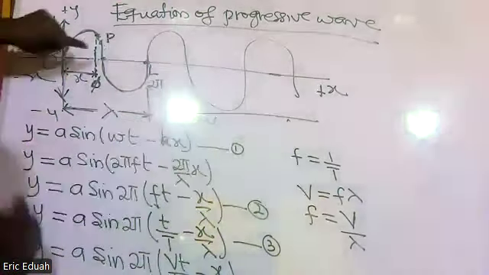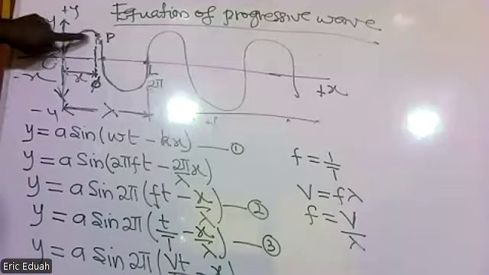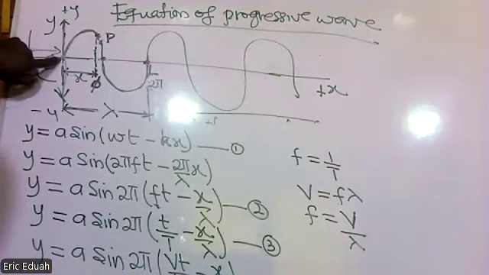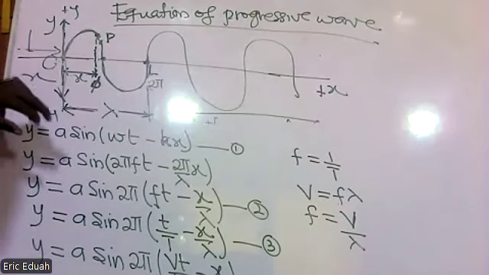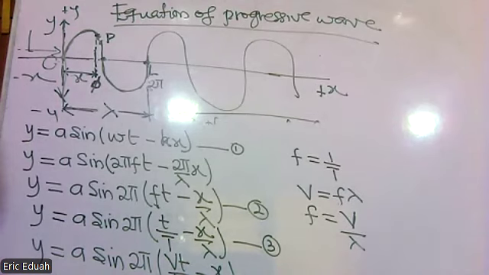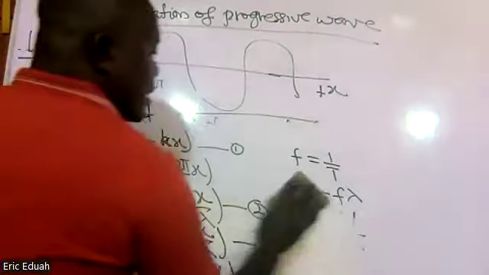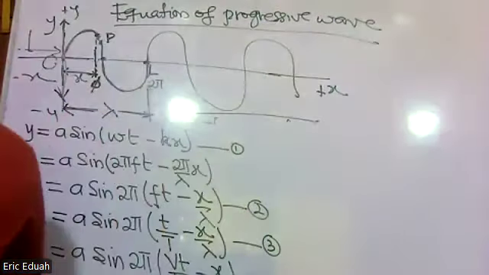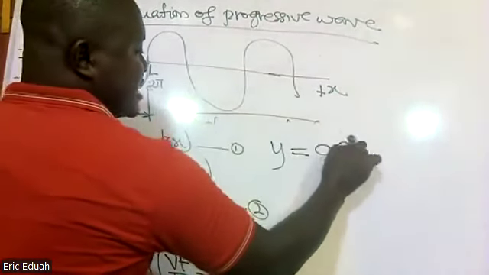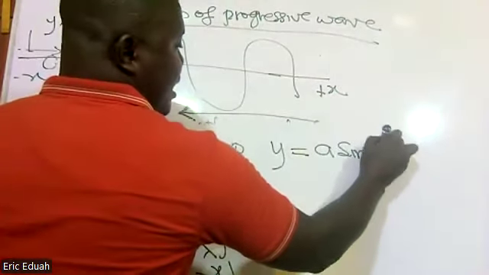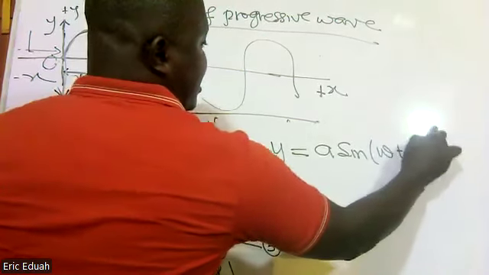If it's from right to left, particle P this time vibrates before a particle at the origin O. So when you are writing the equation for particle P, because the particle P vibrates before a particle at the origin O, the equation becomes y is equal to a sine omega t plus phi.